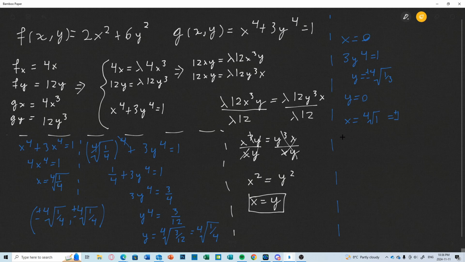We will have the first point of the positive 4th root of 1/4 for x and the positive 4th root of 1/4 for y. And then we will have the negative 4th root of 1/4 for x and the positive 4th root of 1/4 for y. Then it will be the positive x of the 4th root of 1/4 and then negative y. And then we will have both of them being negative.